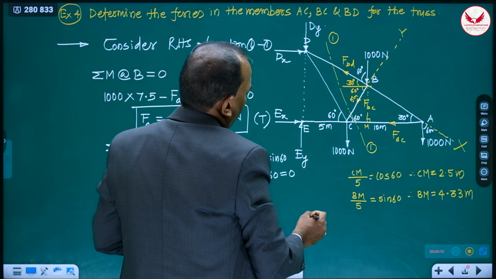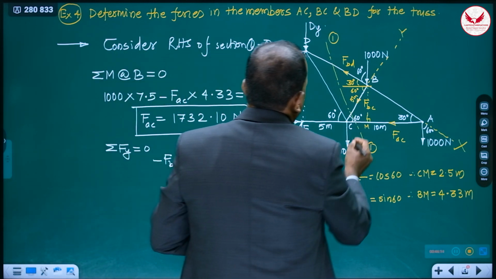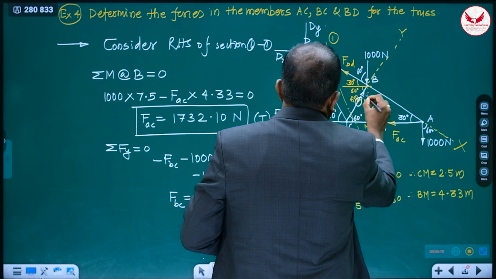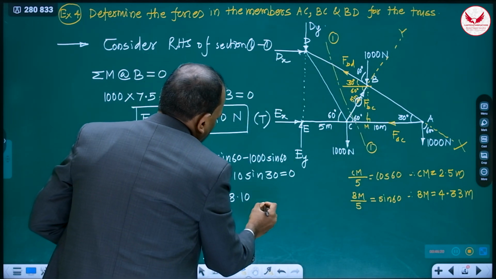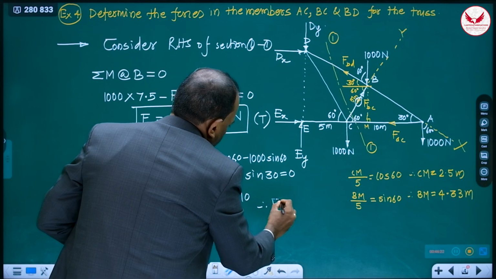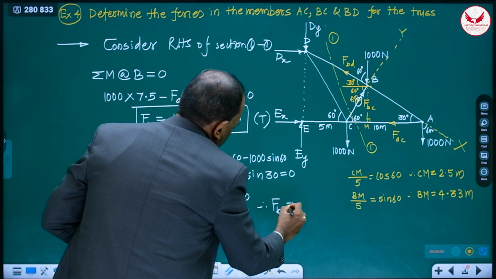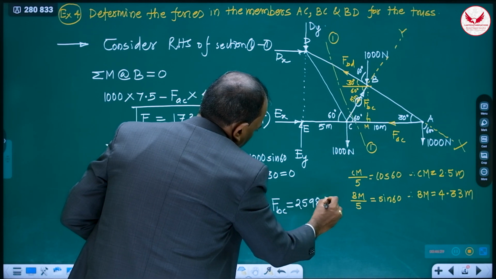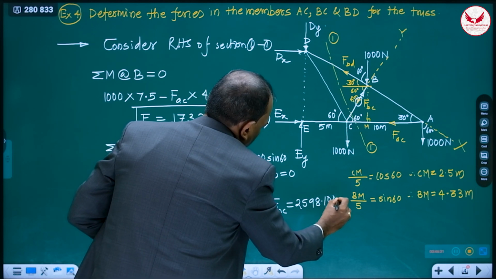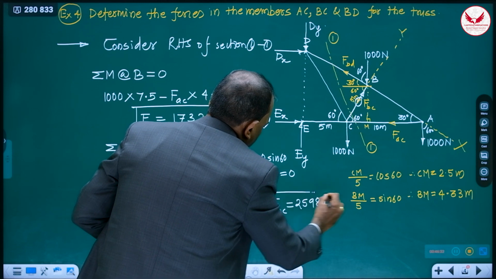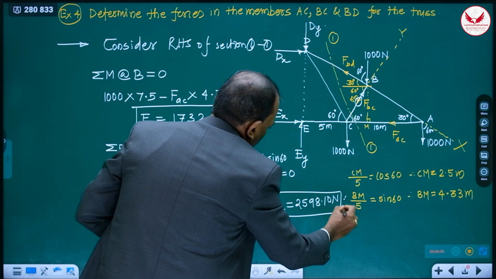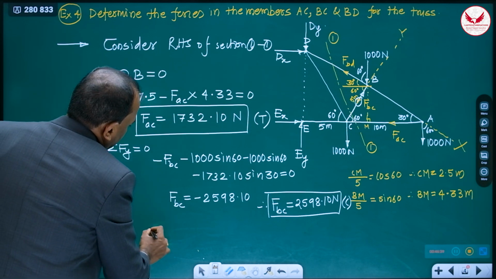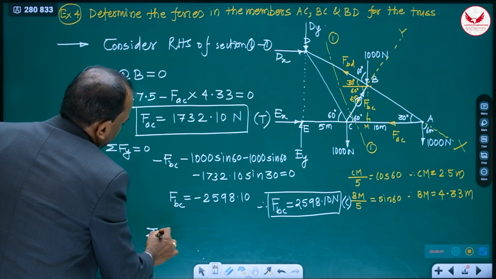That means whatever this BC is there, this direction is wrong. It's not tensile, it is compressive. Hence, FBC is going to be 2598.10 Newton, and it is compression. And then finally, summation Fx is equal to 0.